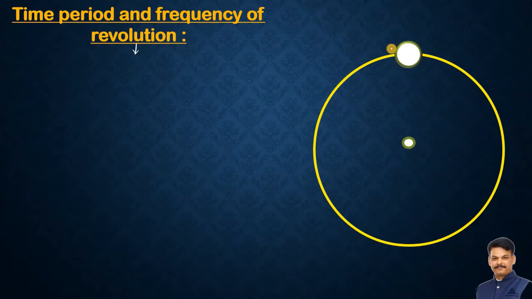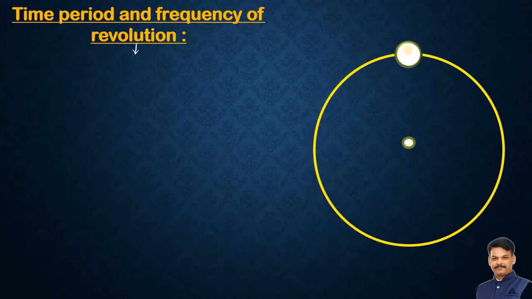Like this, if it continues to move along the circular path, then it can make many revolutions. How much time does it take to make one complete revolution?